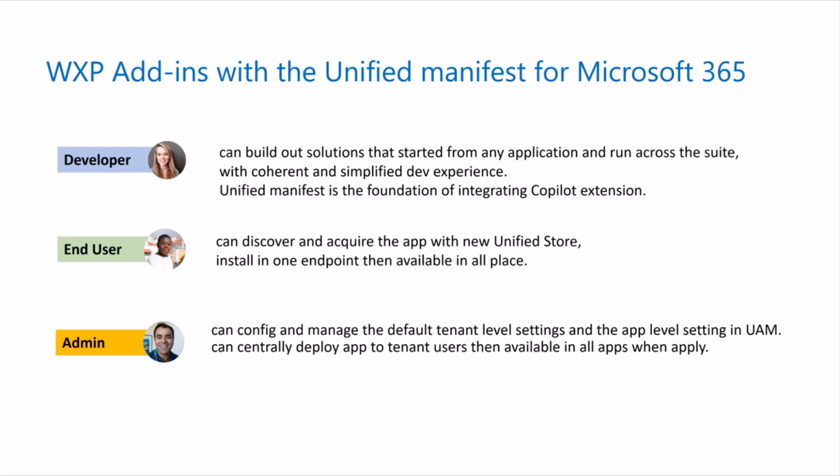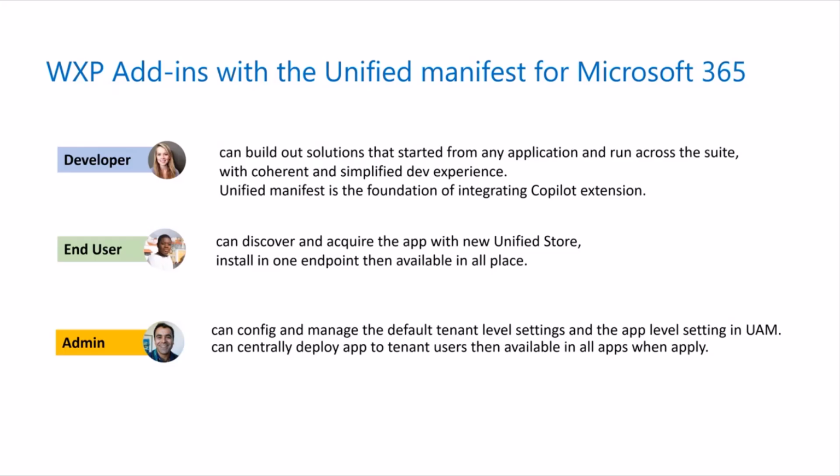For example, if you are a new developer who doesn't have an add-in solution right now, you can start with the unified manifest and be ready for future iterations. And if you already have existing add-ins, even if they are already published, you can choose to merge these existing add-ins or apps into a single app for easier distribution without losing your current customers.